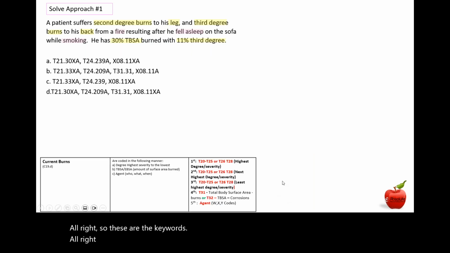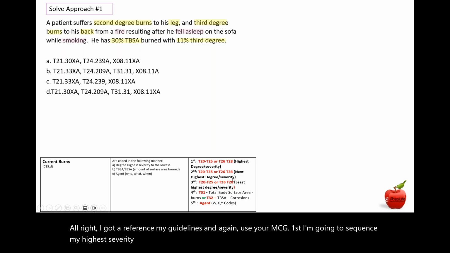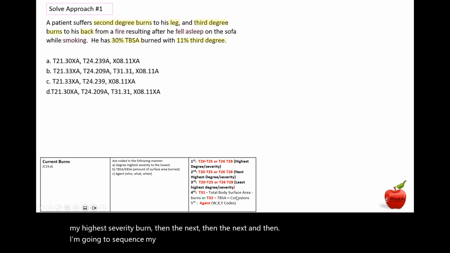I've got to reference my guidelines, and again, use your MCG. First, I'm going to sequence my highest severity burn, then the next, then the next. Then I'm going to sequence my TBSA or EBSA, and then my external causes.